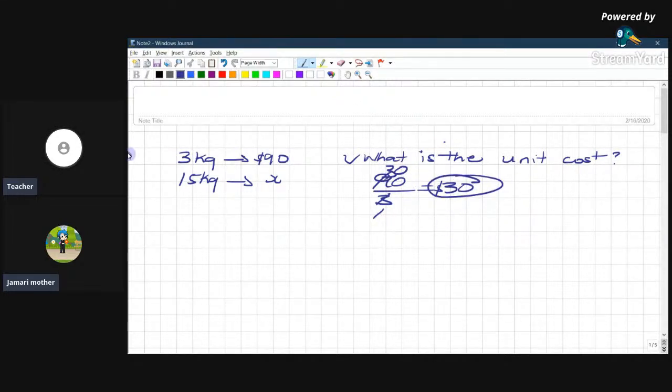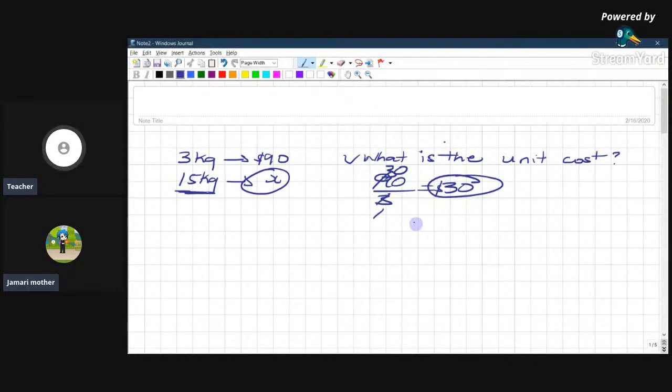All right, so now we know that we have 15. So what would we need to do to solve for x now? So 30 multiplied by 15 kilograms.